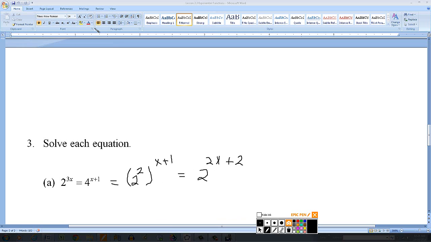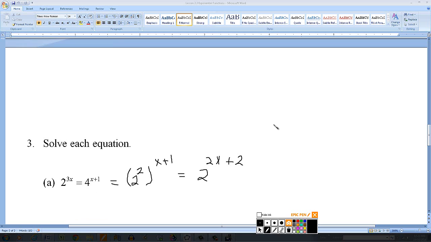And then the property that I went over a while ago: if a to the x is equal to a to the y, the x and the y have to be equal. In other words, if the left side and the right side are equal and the bases are the same, then the powers on those bases have to be equal.